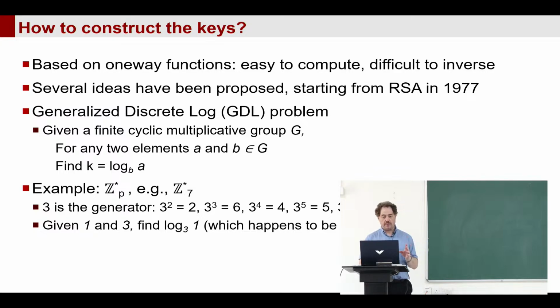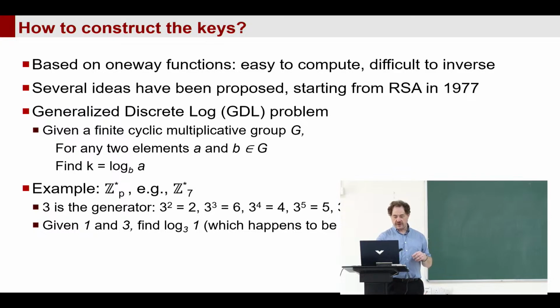So that was an exemplification of the cyclic multiplicative group. But what's the problem of the discrete log? The problem is the following. We take any two members of the group, and the problem is to find the logarithm of one element based on the second element.